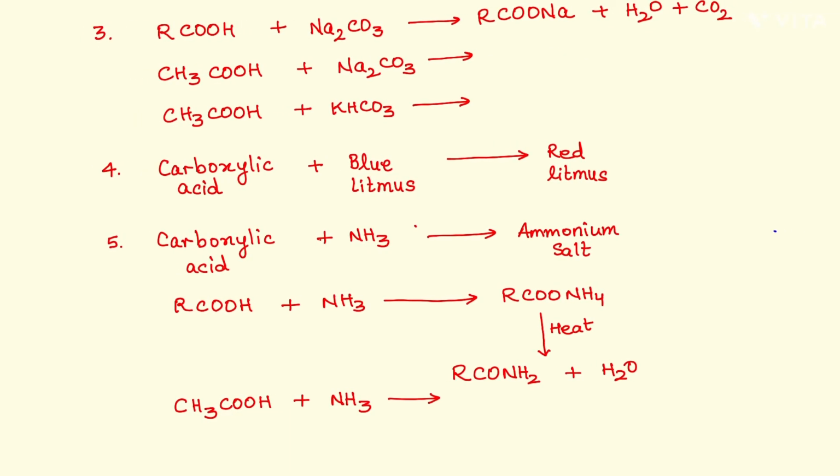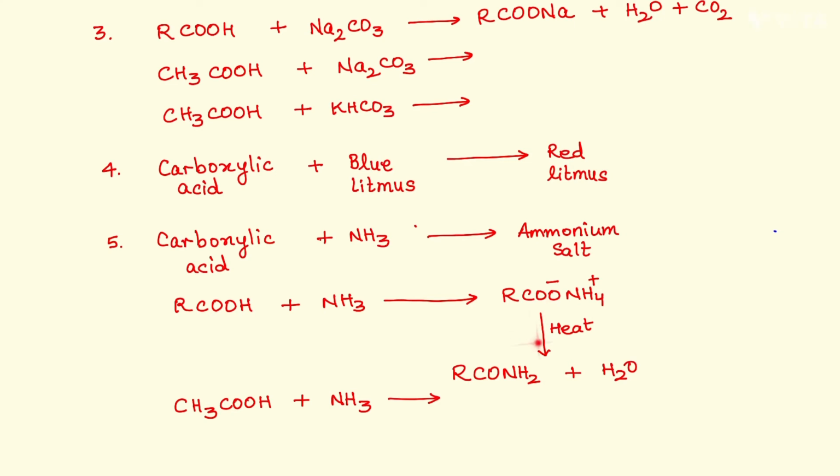Continuing with the acidic character, carboxylic acids also react with ammonia to give us ammonium salts. So, we have got a base, we have got an acidic hydrogen over here, RCOONH4. Why is it forming like this? Because it is forming an ammonium salt of the carboxylic acid.